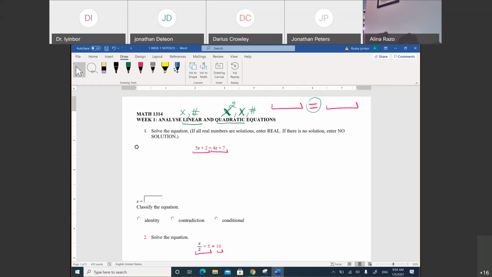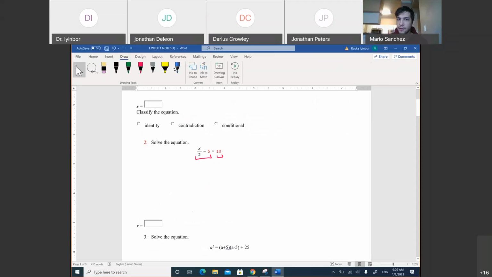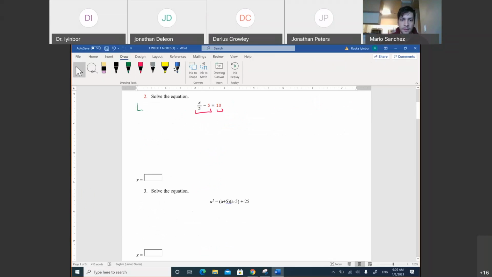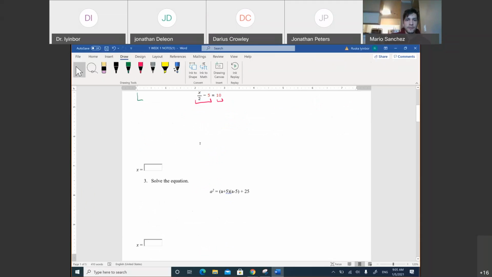So the first one, is it linear or quadratic? What do you think it is? That's a linear equation. Linear, that's right. How about number 2? Looks linear to me. Linear, that's right. How about number 3? That would be quadratic, because I have a square, that's right.